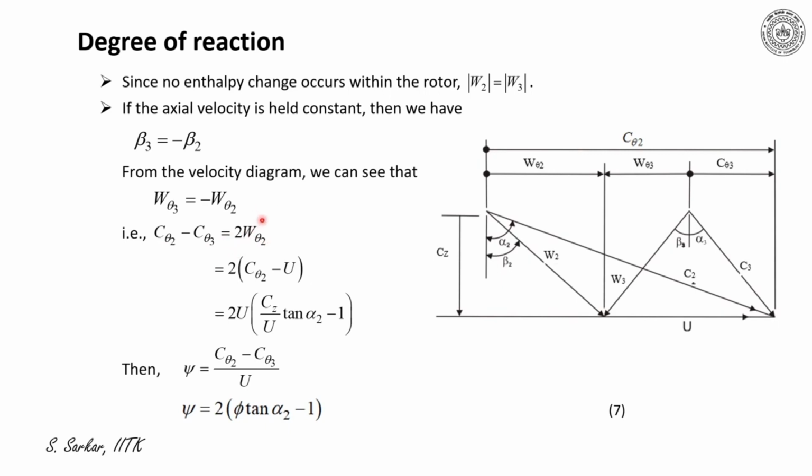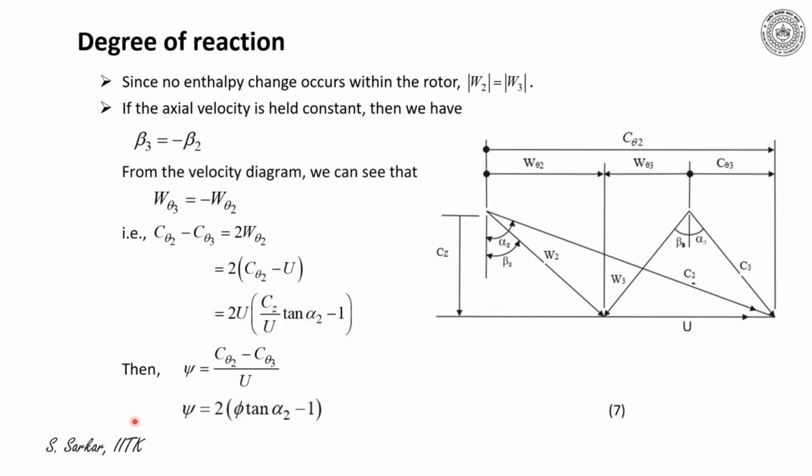Again, W theta can be expressed as C theta 2 minus U. Thus, I can write del C theta, that is equal to C theta 2 minus C theta 3, would be equal to twice within bracket C theta 2 minus U. Using the velocity triangle, I can write C theta 2 in terms of alpha 2. So it would be twice U within bracket Cz by U tan alpha 2 minus 1.